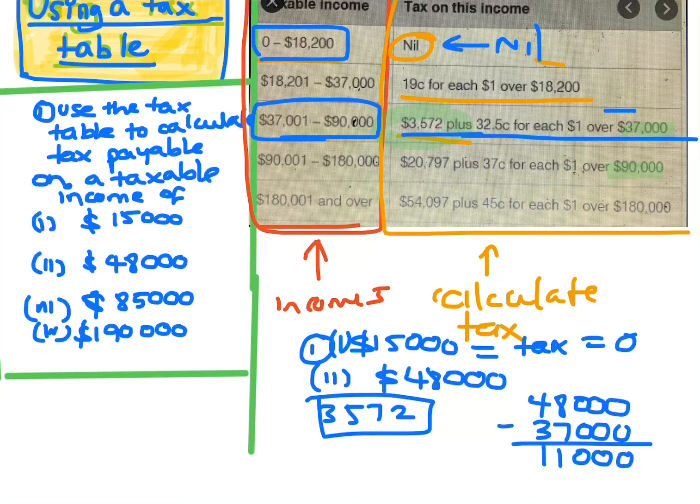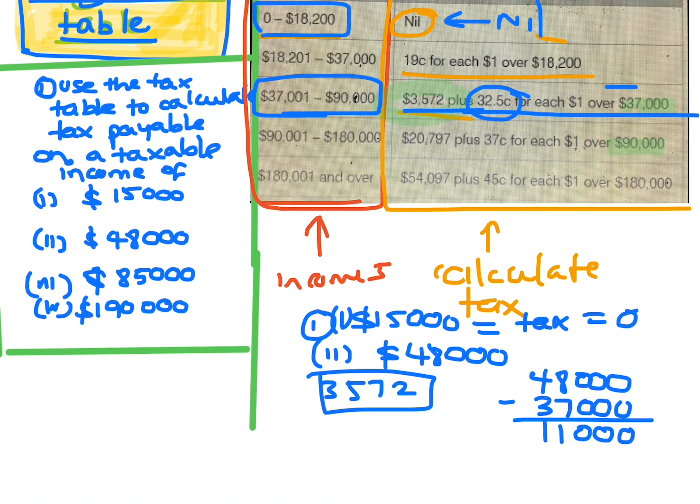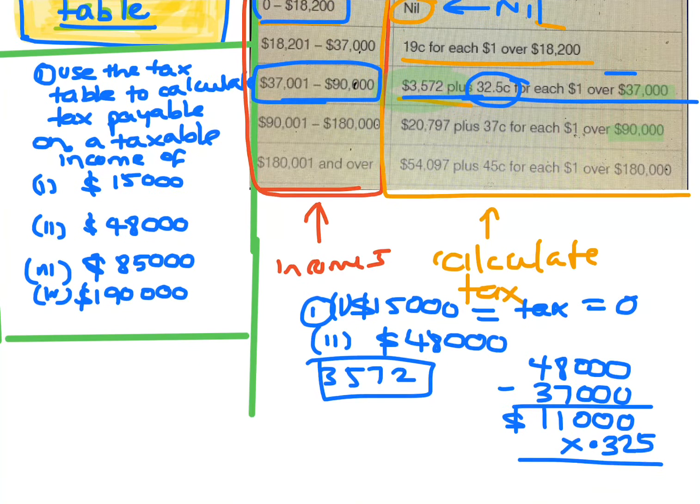Okay. And then you're going to pay 32.5 cents for every dollar of 11,000. So you don't put 32 cents, you put 0.325, because the 11,000 is in dollars and you need to put the cents into dollars, so it'll be 2 decimal places, so it's 0.325. So it's 11,000 times 0.325, which gives you 3,575.